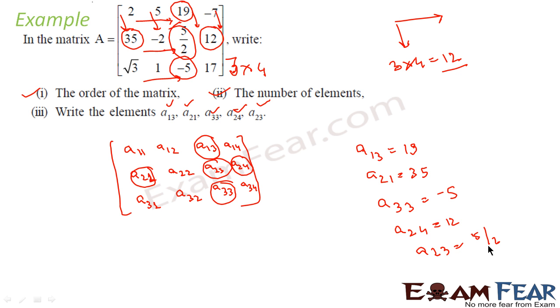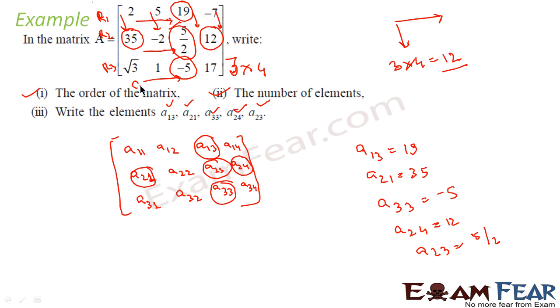So what we have seen, we just wrote the general form of the matrix and then compared the element. If you don't want to take so much pain, what we can do directly is, in this one, if you see this is row 1, this is row 2 and this is row 3.